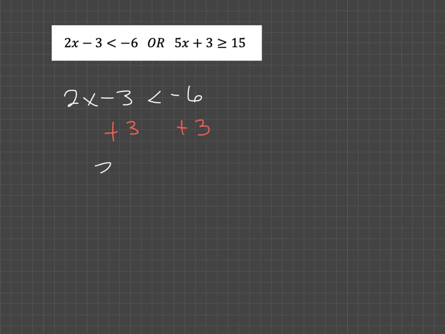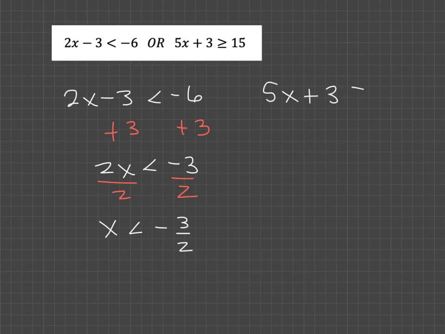So we get 2x less than negative 3, and then divide both sides by 2, results in x less than negative 3/2.